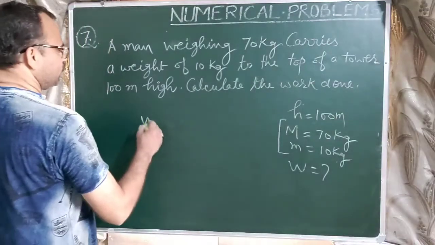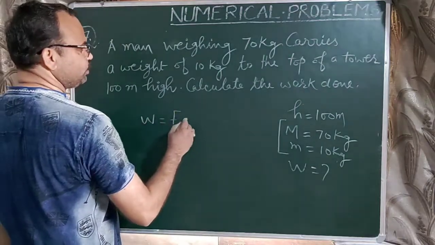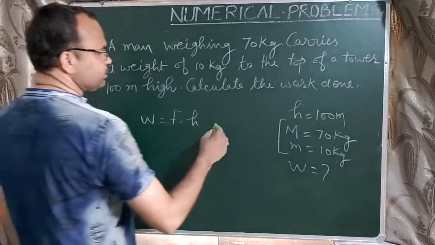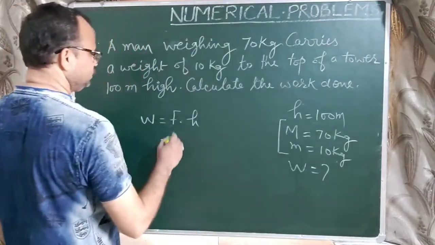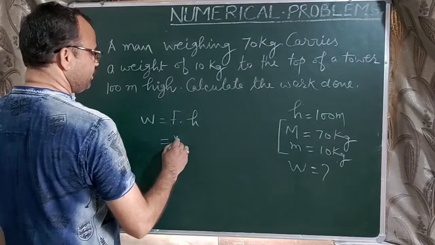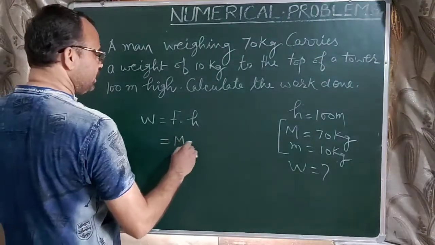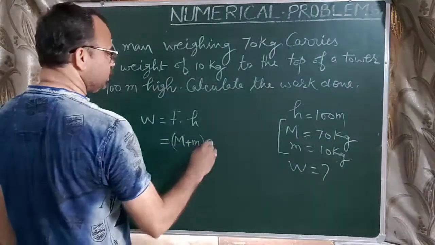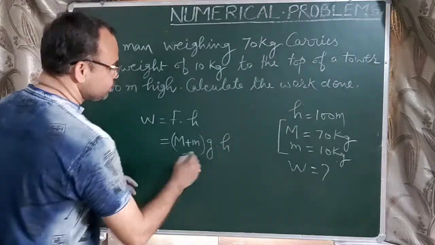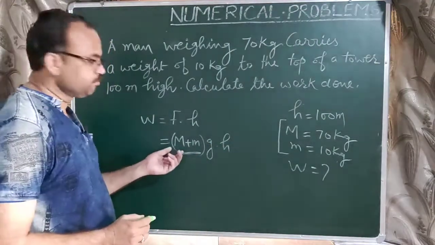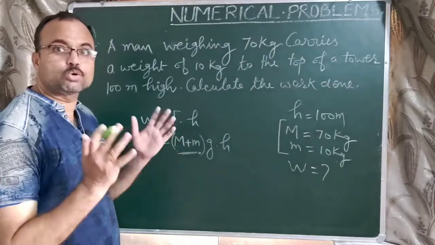So W equals force into displacement S. As we know, F equals m into g, where m means M plus m, the total mass, mass of man plus mass of weight, so we have to calculate the total weight.